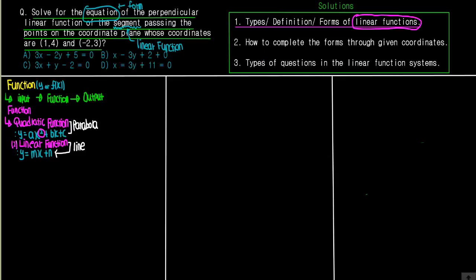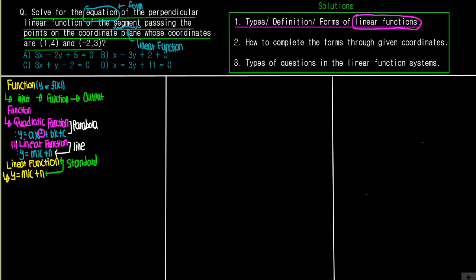We're going to think about this question through our linear function, y is equal to mx plus n, since this question is basically about linear function systems. We know that y is equal to mx plus n is the standard form of our linear function.